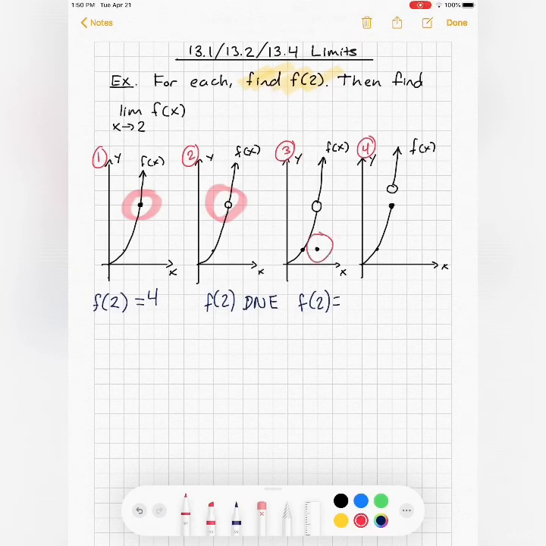About for number 3. So remember, I want to list the closed dot as opposed to the open. So that would be 1, rather than that guy up there, 4.